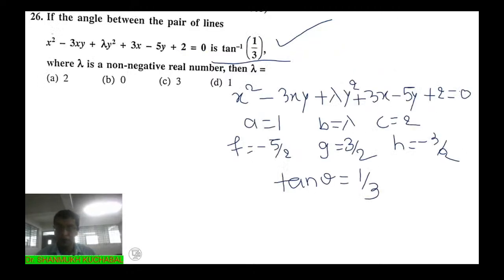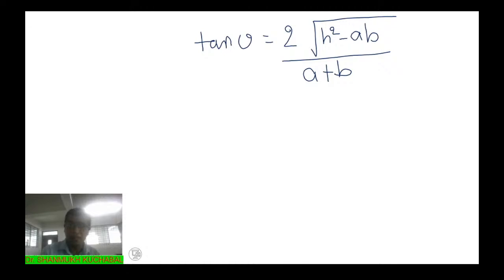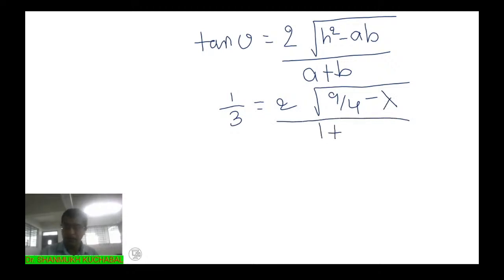Now we'll substitute the values of tan theta, a, b, c and f, g, h, and we get the next step as 1 by 3 equal to 2 times under the square root of 9 by 4 minus lambda, whole divided by 1 plus lambda. Okay, so cross multiplying and squaring, we get 9 times 9 minus 4 lambda is equal to 1 plus lambda whole square.